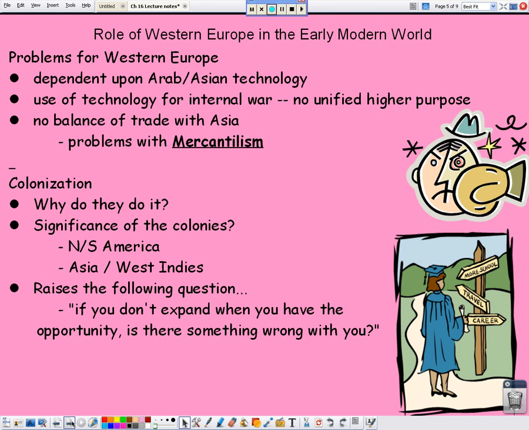And if we take a quick look at some of the challenges that they have faced, they've never really been what you would call technologically innovative. I mean, other than firearms, which they eventually take the lead in, but even then, that's not very immediate. The Ottomans are far superior.